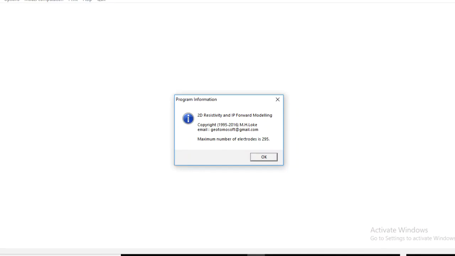In addition, we'll see not only inversion techniques but also the forward modeling technique, the forward modeling and inverse modeling techniques. Please attend, you will get, I think, an important concept.